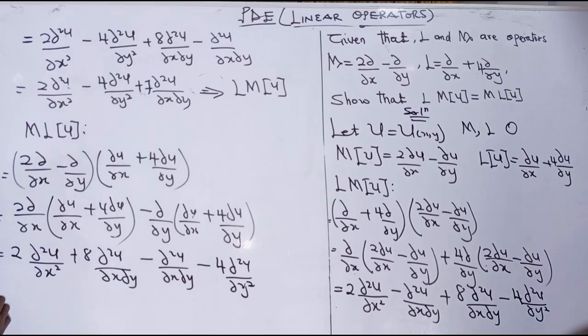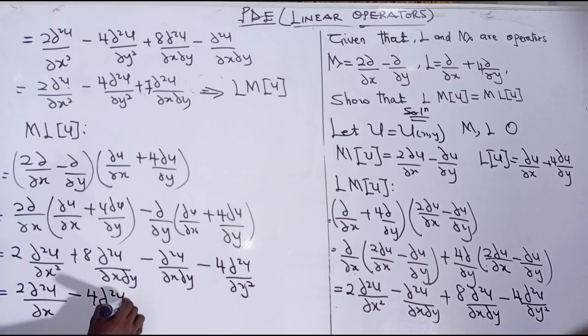So from here, we are just going to group the like terms. So we are going to have 2 del square U del X squared. Then we have minus 4 del square U del Y squared.